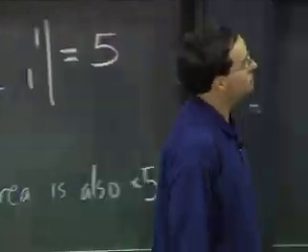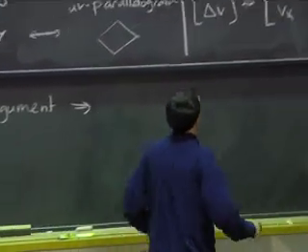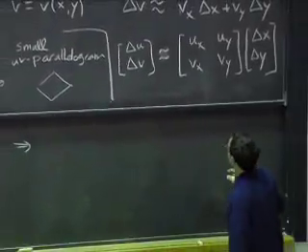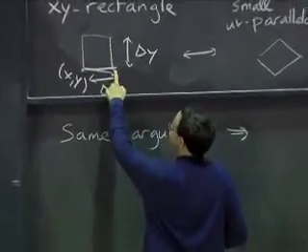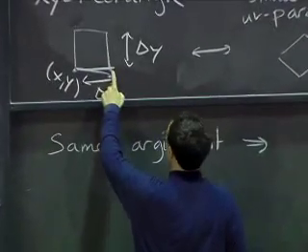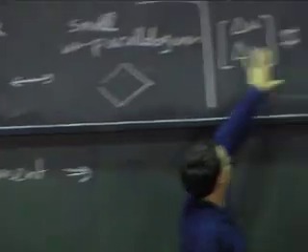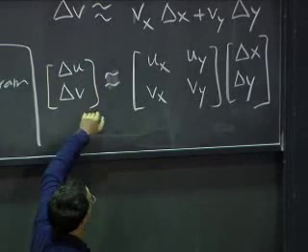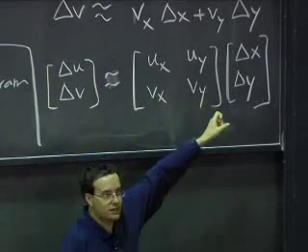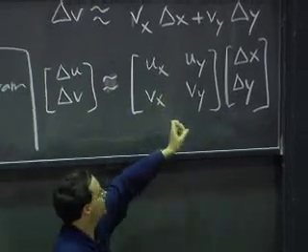Okay, so one way to think about it is just to try and see what happens. Take this side. This side in xy coordinates corresponds to delta x and 0. Now if you take the image of that, if you see what happens to delta u and delta v, that will be basically u sub x delta x and v sub x delta x.